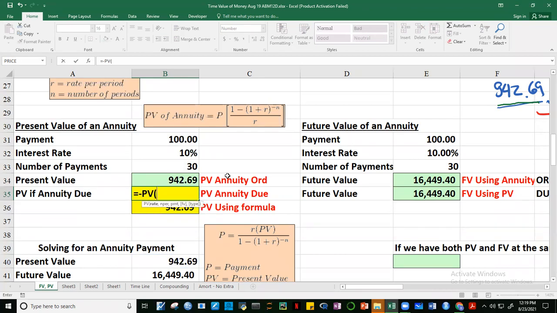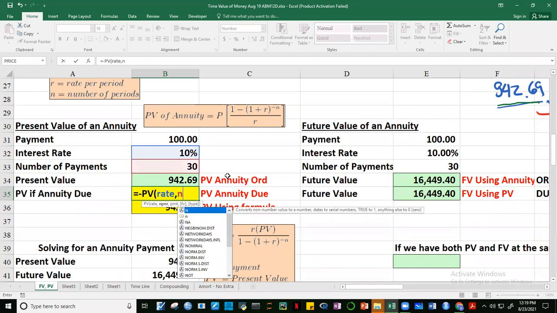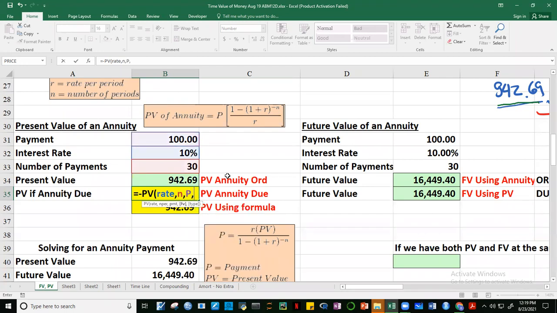okay, rate is, then rate, type natin si rate, comma, N per natin is N, comma, PMT natin is 100, that's your P, comma, ignore the future value, and then we have to type here 1 for annuity due.